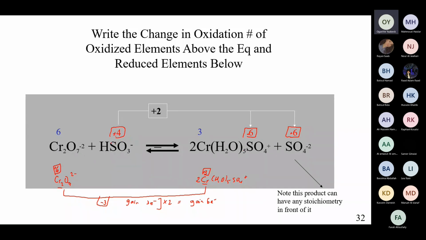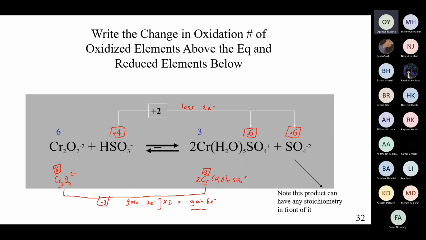Now, for this sulfur, what's happening to each sulfur element? From plus 4 to plus 6, what's happening? Losing 2 electrons. We lose 2 electrons for each single atom. With me?